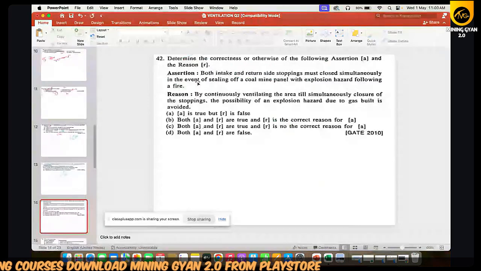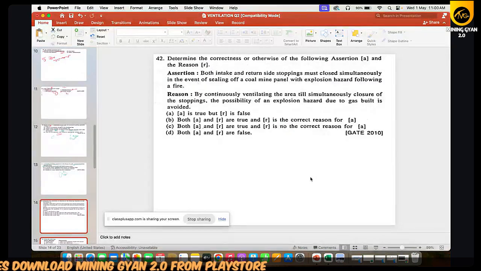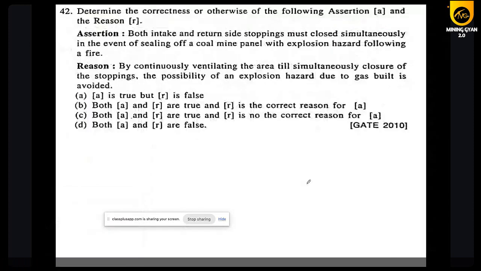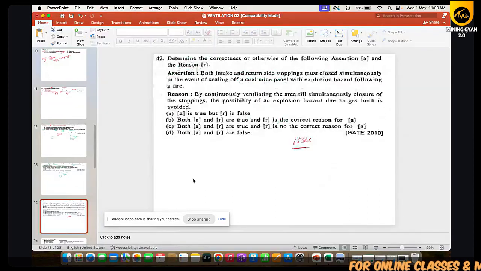Now try this question. Use your common sense. I think you are studying, then you know. At least try. Maybe you will be wrong or correct, but try at least. 15 seconds you have for question number 42. Okay. Assertion and reason.